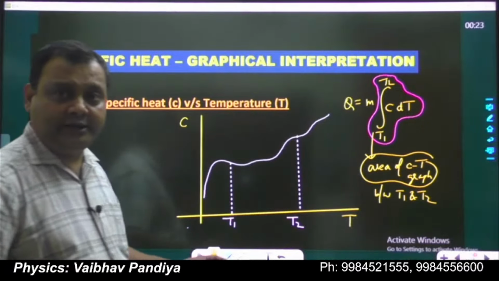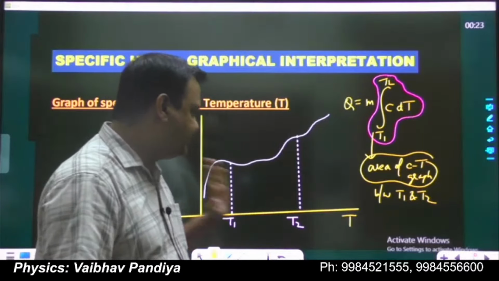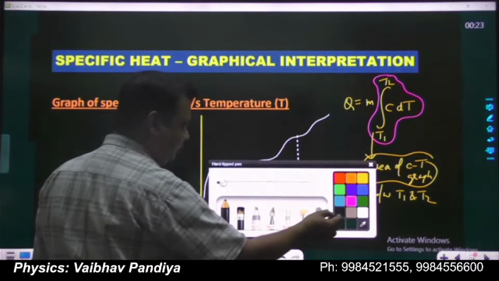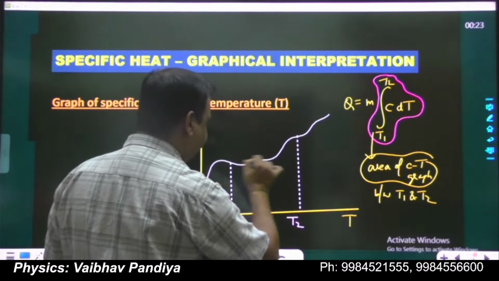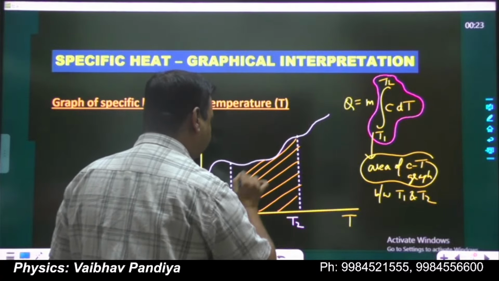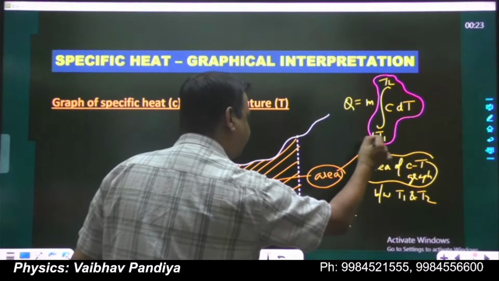So if you have to find what is the heat absorbed between the temperatures T1 and T2, make 2 vertical lines corresponding to the values of T1 and T2. Take the temperature axis and the graph and take the bounded area, this area. So this area will give you this thing.